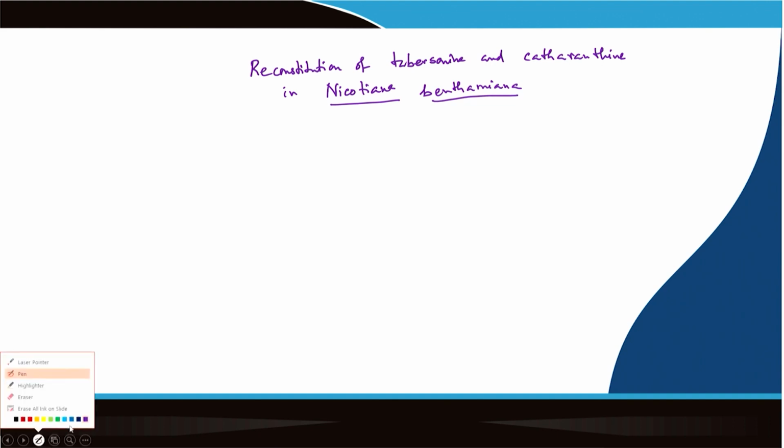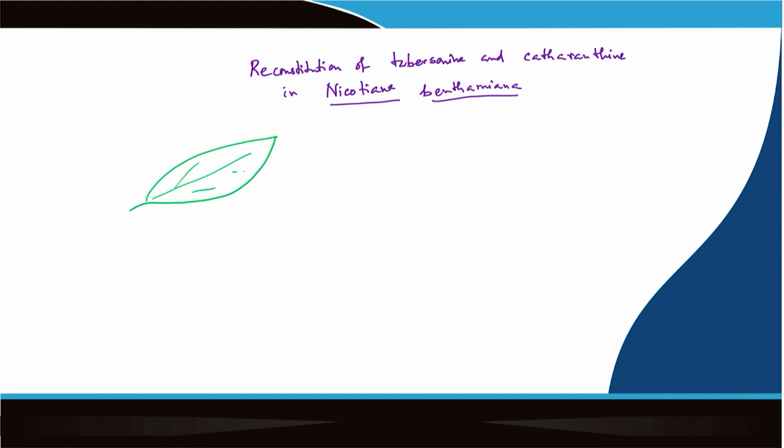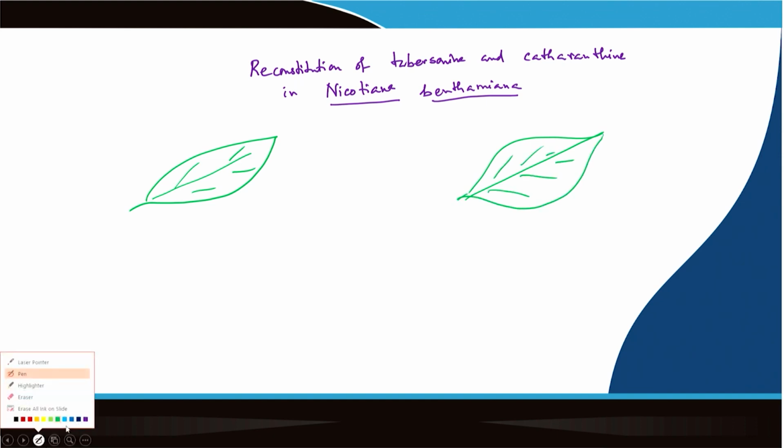So, let me try to show it in this way. So, here the genes for PAS plus DPAS plus CS.